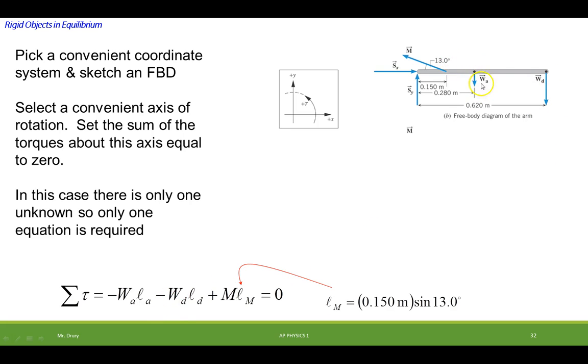The weight of the dumbbell, once again, is negative because it's making it go clockwise. And the muscle is pulling it counterclockwise, so that's positive. And the lever arm is this distance here. Okay? Take a moment to see if you understand why the lever arm is this distance.